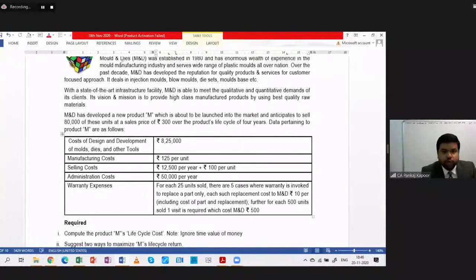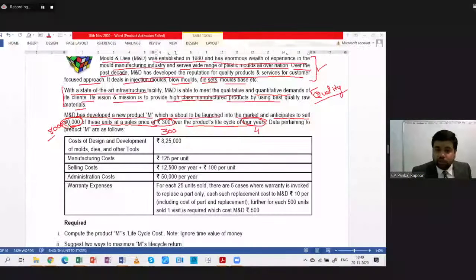Read the question along with me. It says the mold and die company was established in the year 1980, and has a numerous wealth of experience in the mold manufacturing industry. It serves a wide range of plastic molds all over the nation. I hope the three important facts about the company are clear to you.